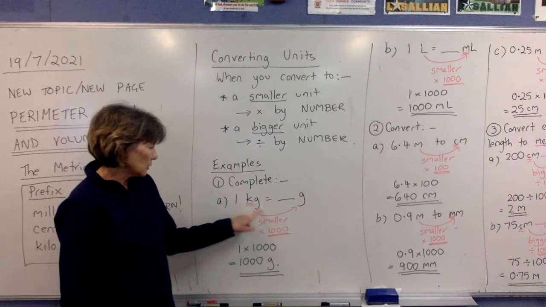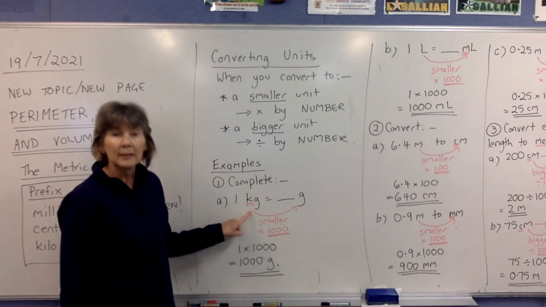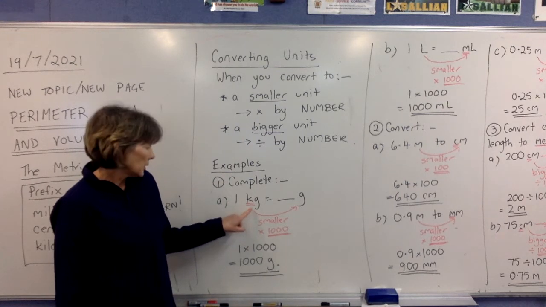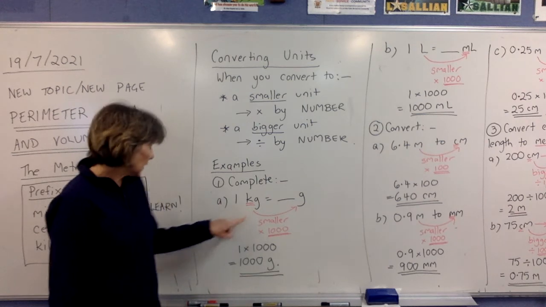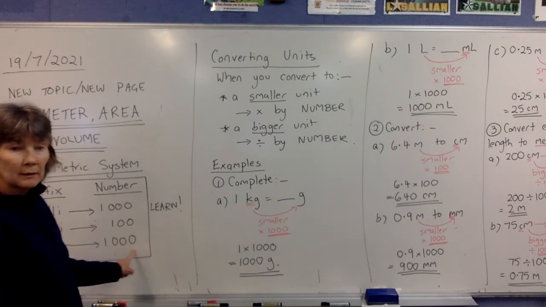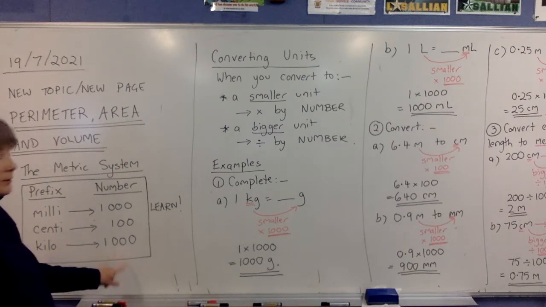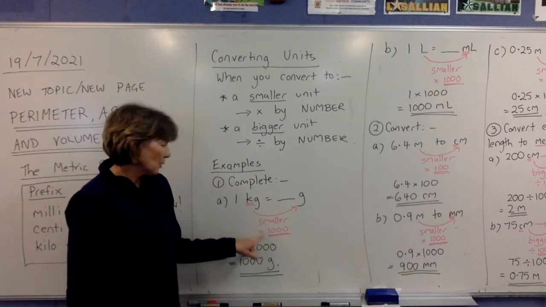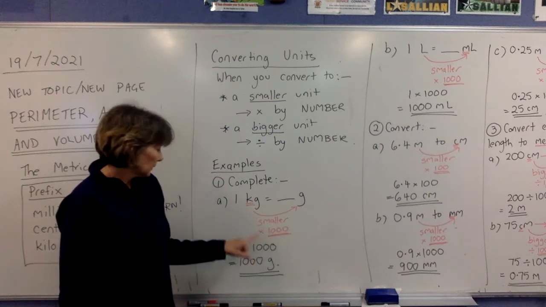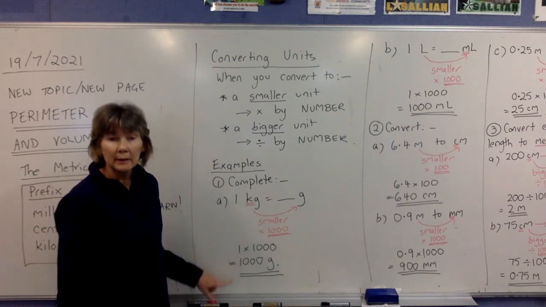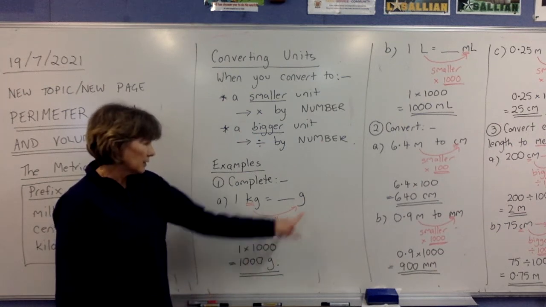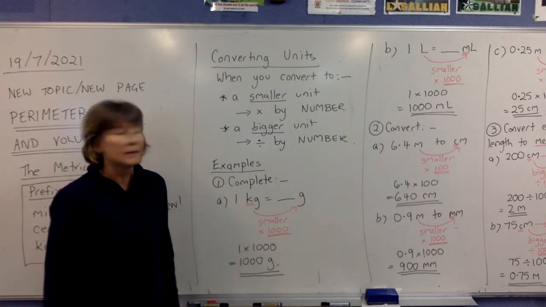All right, this one's got 2 letters. The first letter is the prefix letter. So that first letter is K, and that's K for kilo. Kilo, if you look back over here, kilo is 1000. So we're going to be multiplying by 1000. So now we're just going to do 1 times 1000 using your calculator, and your answer is 1000 grams. Put the grams on the end.